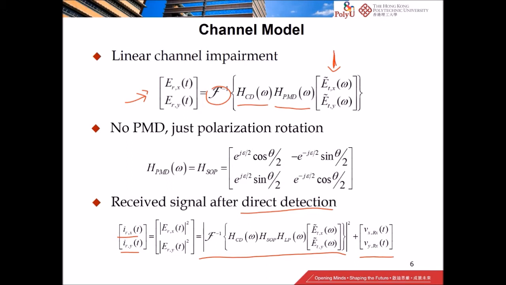Of course, if your optical link has additional amplifier noise, if you put in an optical amplifier, then you will have additional noise before photodetection.